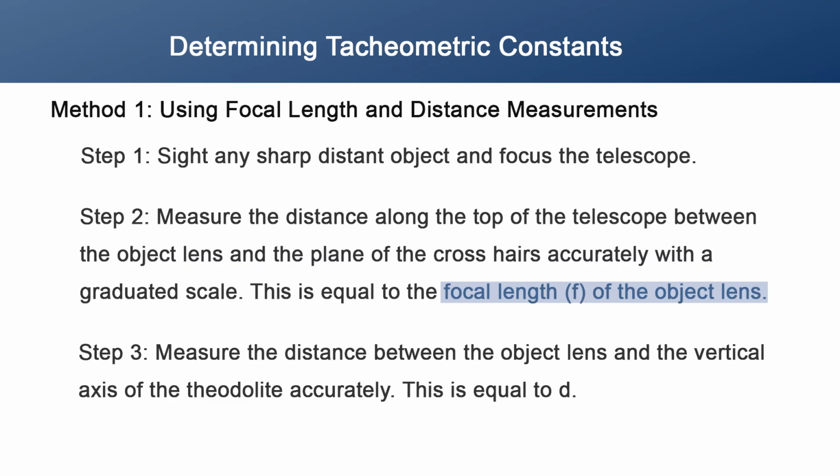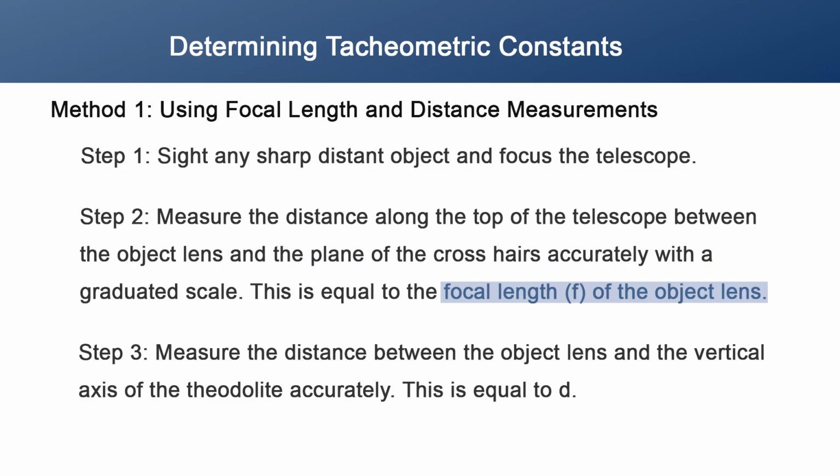For the first method, start by focusing the telescope on a sharply defined distant object. Once the object is in sharp focus, measure the distance along the top of the telescope from the object lens to the plane where the cross hairs are positioned.